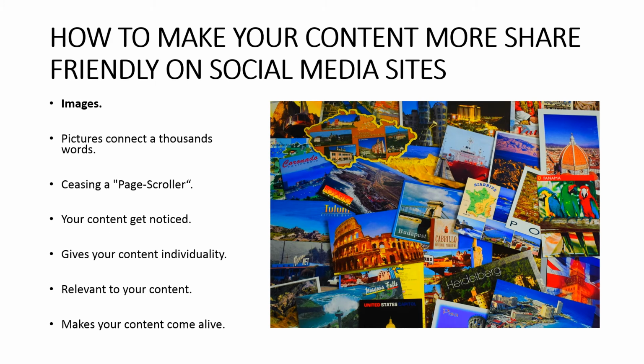Images. Pictures convey 1,000 words, and nothing stops a page scroller in its tracks like an interesting graphic. An image is a great thing to use to make your content get noticed from the rest of the crowd. It equally gives your content individuality. So try to add an interesting image which is relevant to your content, and you have gained yourself many further clicks.